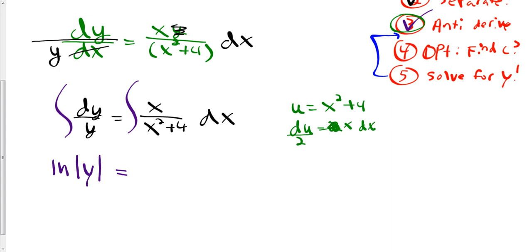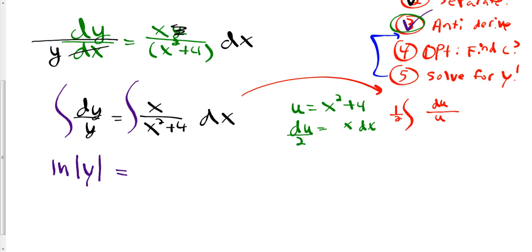Okay, just erase that. Our u substitution, and you've got to be solid on this, is going to be the integral of 1/2, I'm taking that out, du, so that's x dx right there, over u.